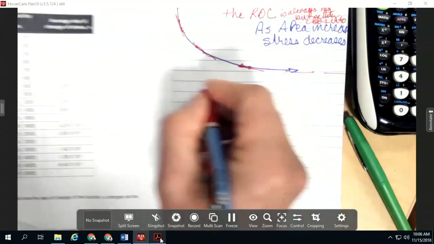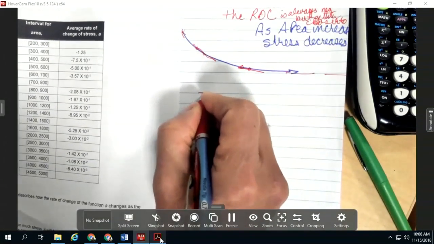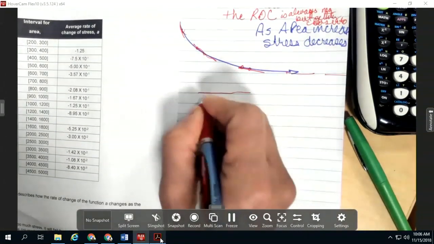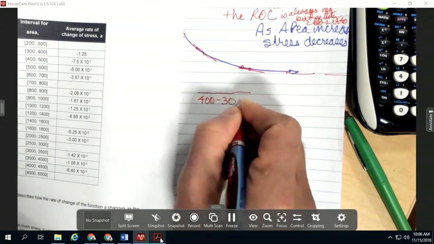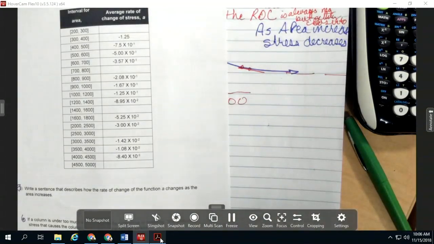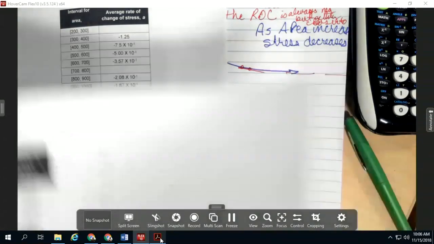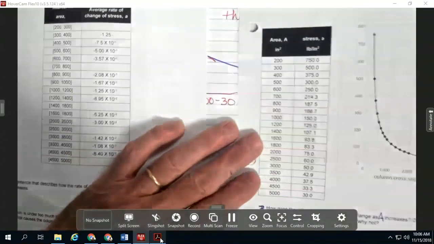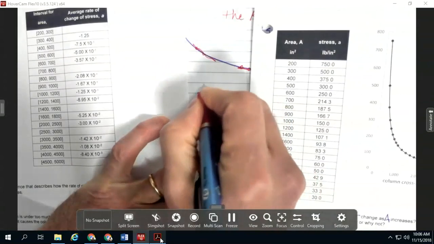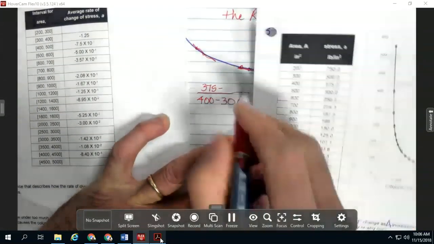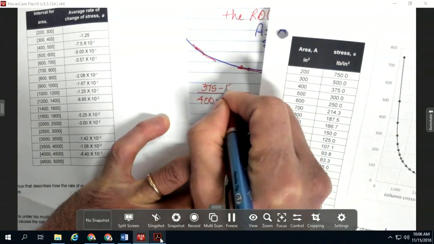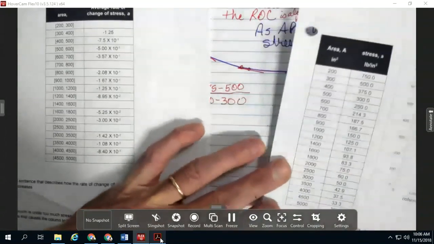So let's look at this first calculation that they gave us. 300 to 400. So our denominator is 400 minus 300. Our numerator is the stress at 400, which they told us was 375, minus the stress at 300, which was 500.